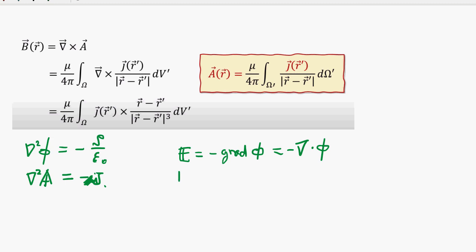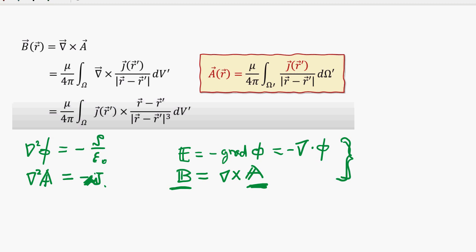The same way we can calculate B as the curl of the vector potential A. So if we know the potential function, we can calculate E and B. And Biot-Savart has this equation for A in the integral form.